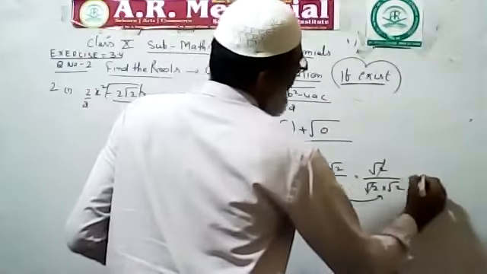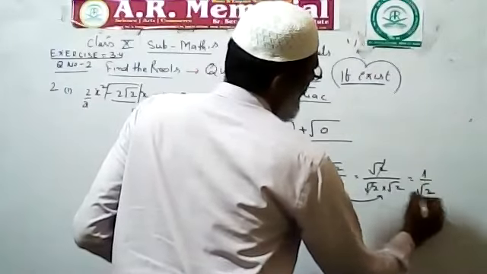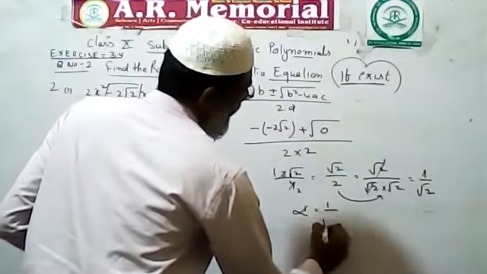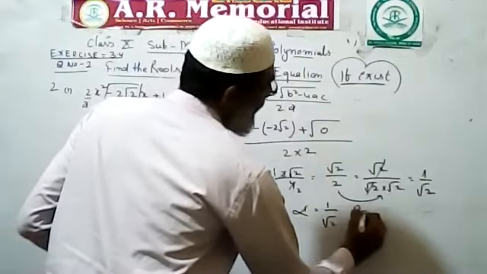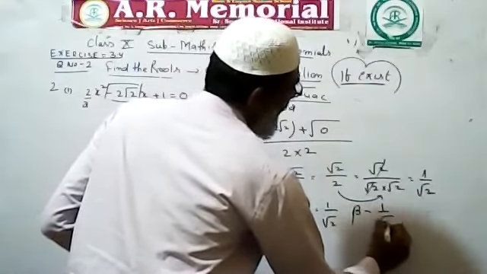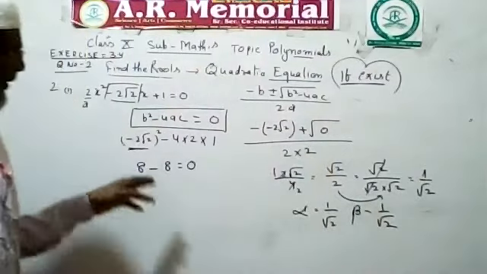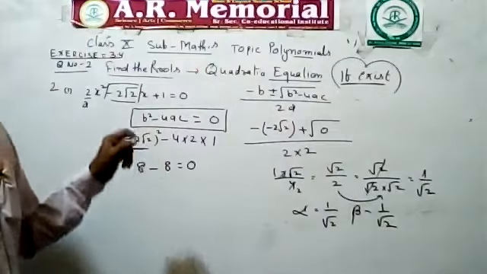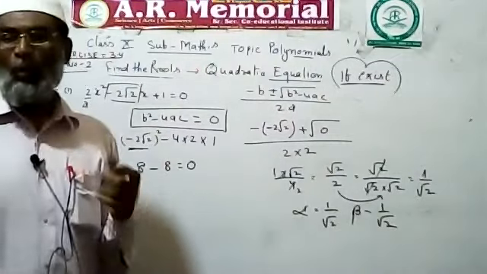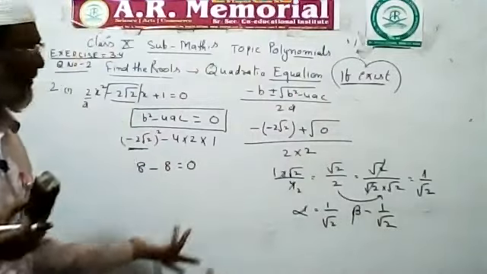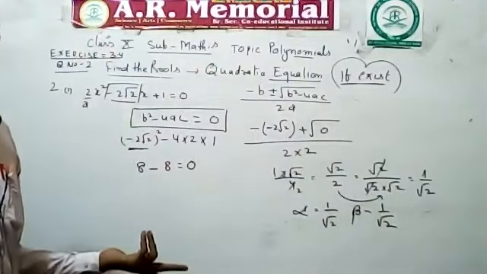So the answer is 1 upon root 2. Alpha is also 1 upon root 2 and beta is also 1 upon root 2. Sir, how can you decide both should be equal? Students, look, if the value of b square minus 4ac goes to zero, then there are two equal roots like this. So simple.